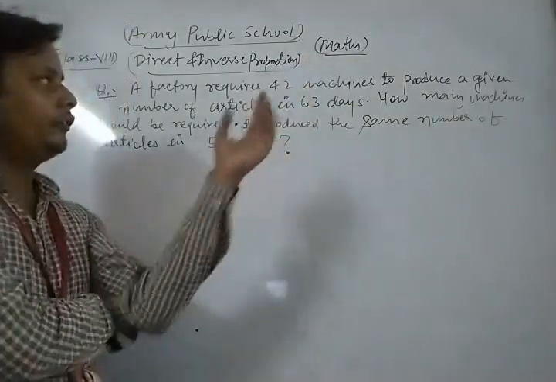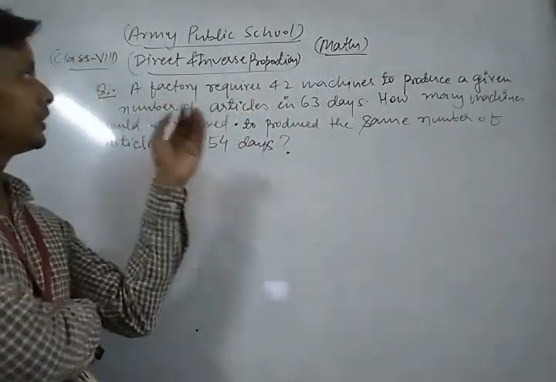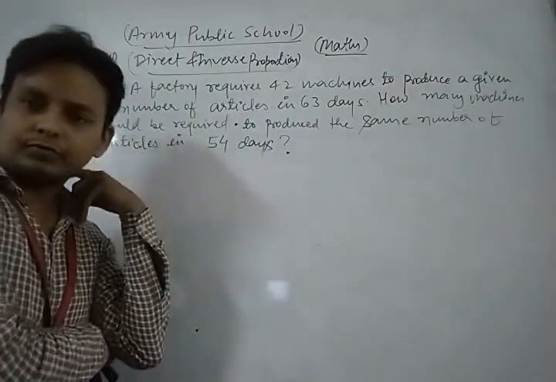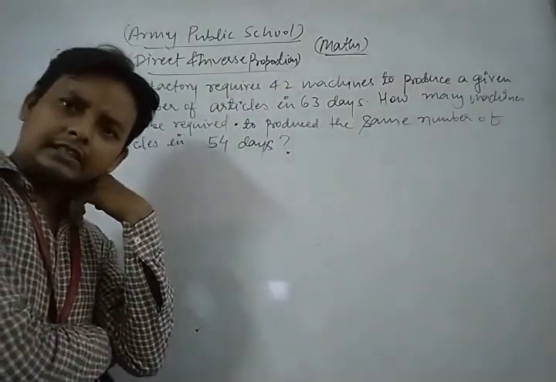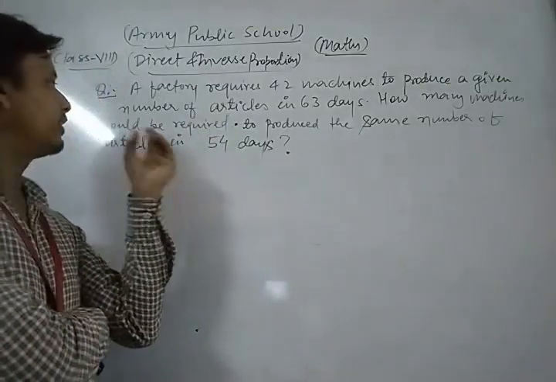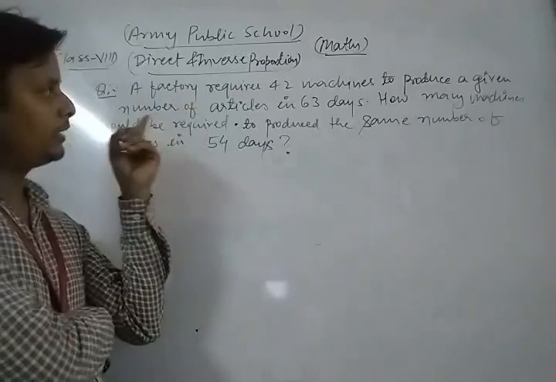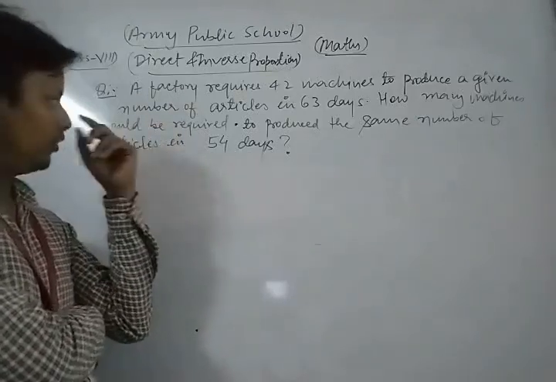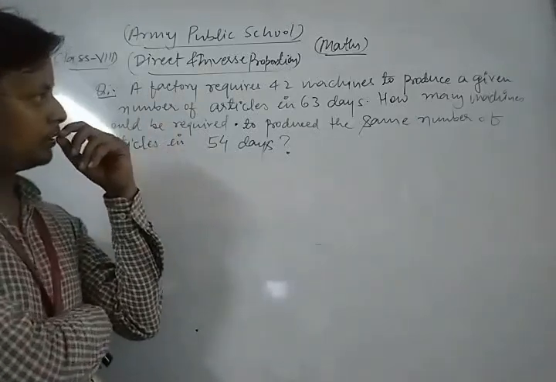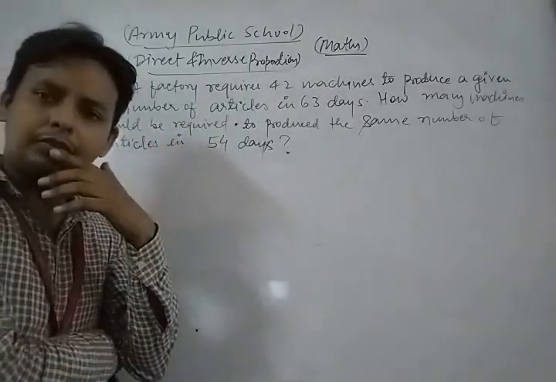If 42 machines produce a given number of articles in 63 days, how many machines would be required to produce the same number of articles in 54 days?